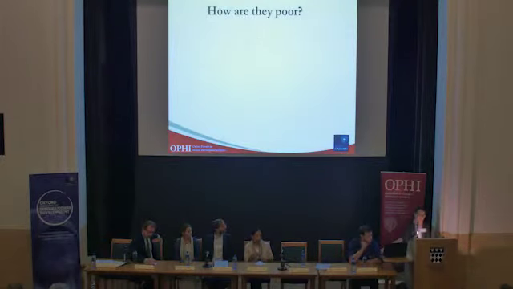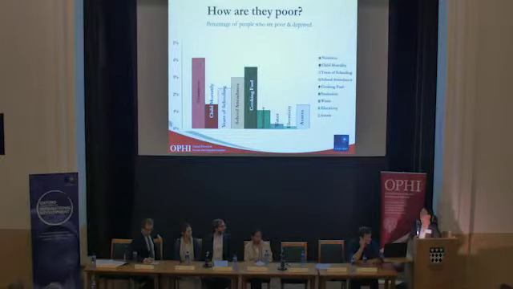Okay, the next question. How are they poor? To answer this, we need to better understand what kind of deprivation ratios are higher among poor people. This can be done by breaking the MPI down into different indicators. I will show you this graph.